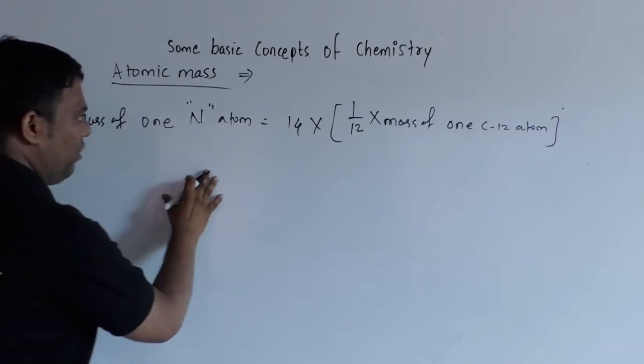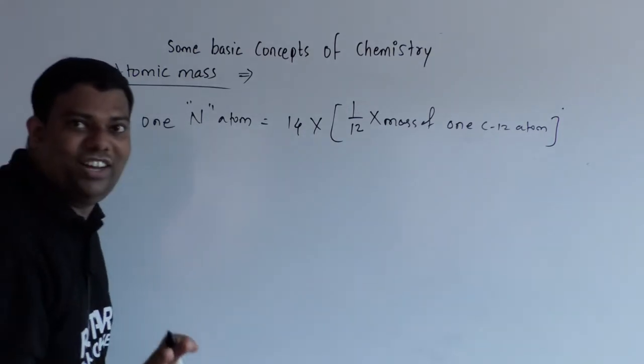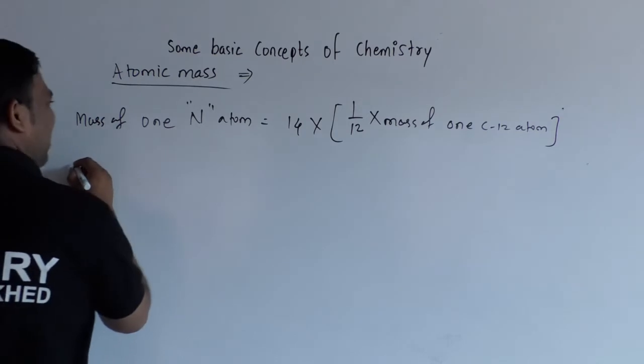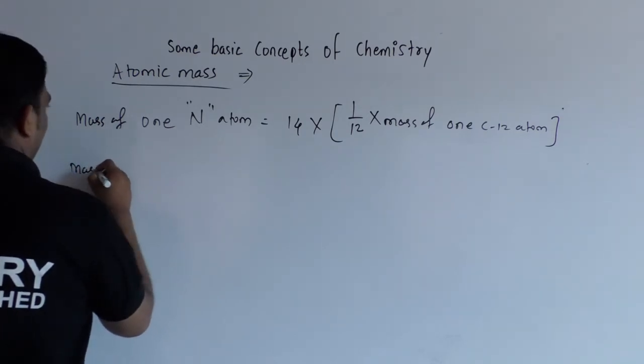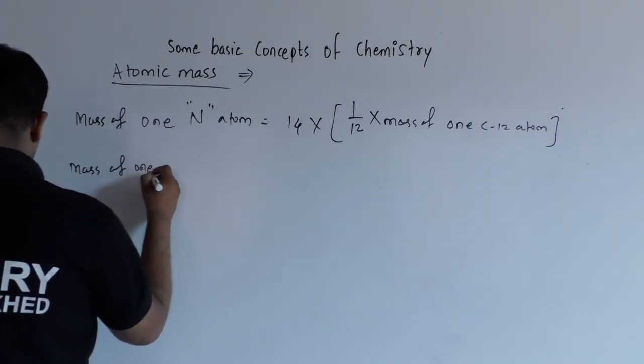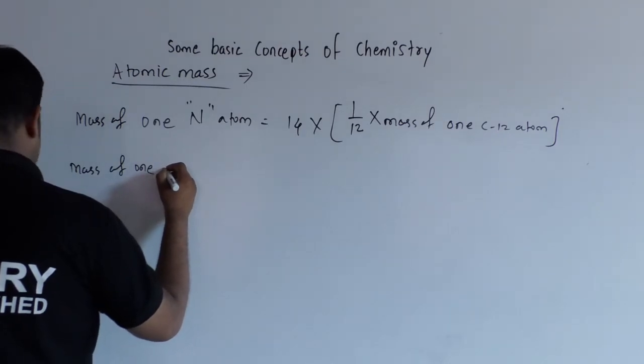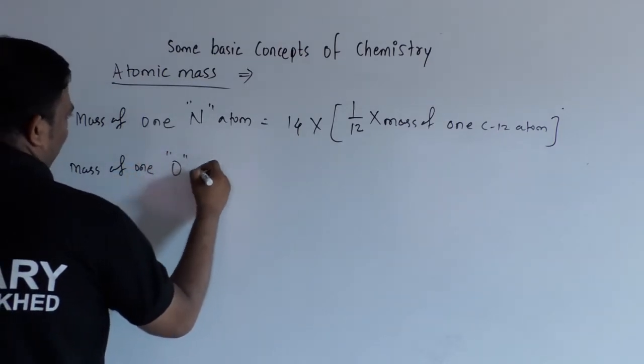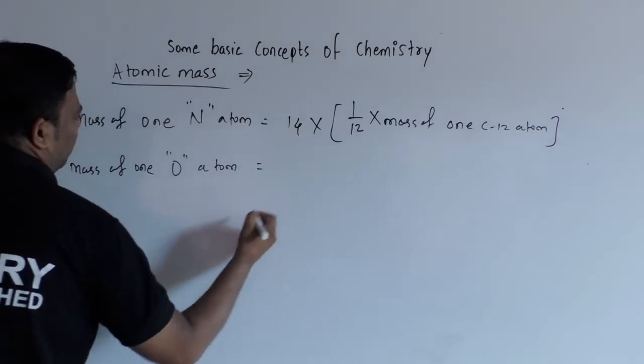Nitrogen atomic mass is 14. Now suppose I write the mass of one oxygen atom. So how much beta?